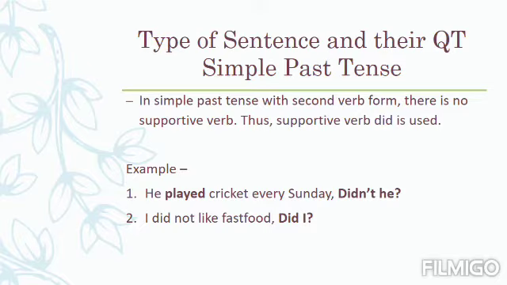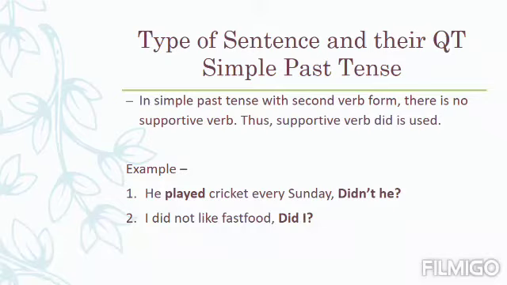In simple past tense with the second verb form, there is no supportive verb. As we already know, there is no supportive verb in the simple past tense with V2 verbs, that means simple past tense verb forms. Thus, the supportive verb did can be used in this type of sentences.